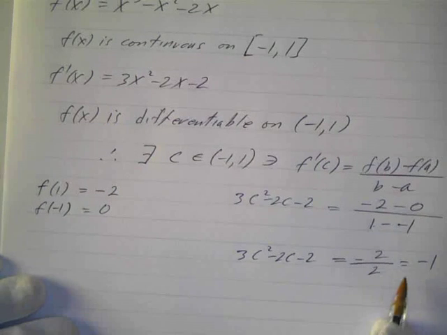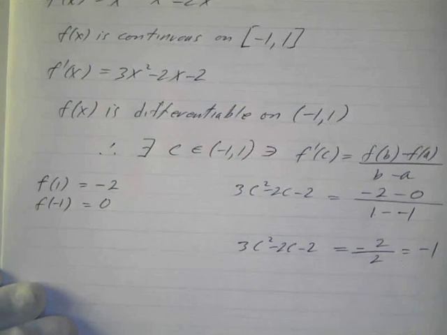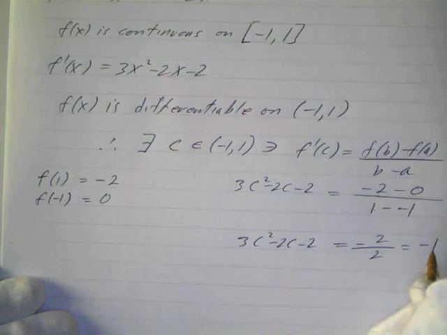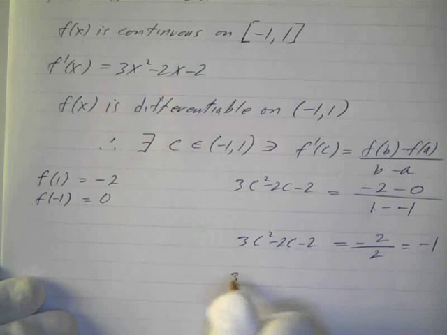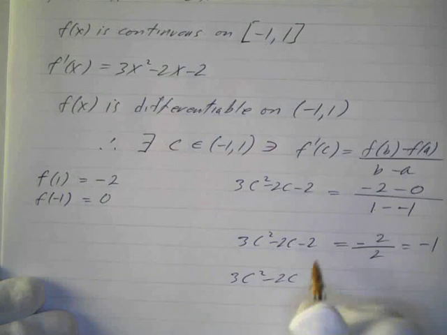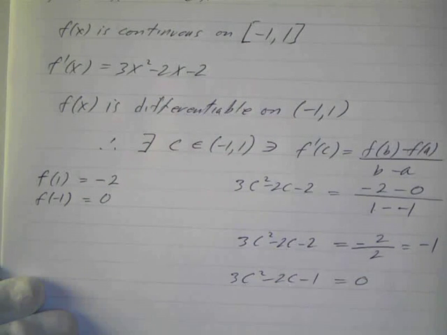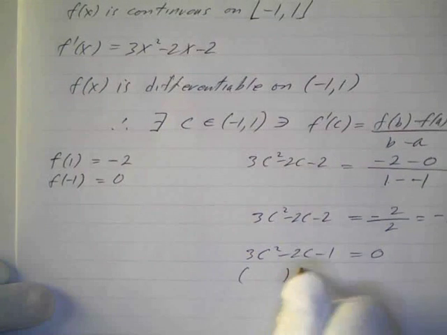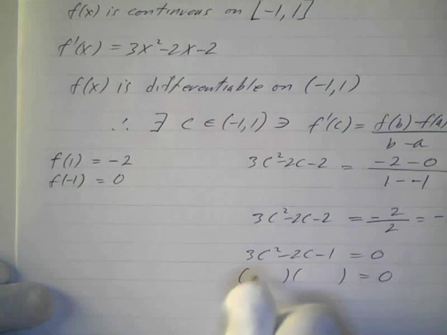So what's going to be the solution for that? What value of c will make that true? I can just set this equal to this, and if I add 1 to both sides, I get 3c squared minus 2c minus 1 equals 0. So let's find out what's going to work there. It's a general trinomial, but an easier one.